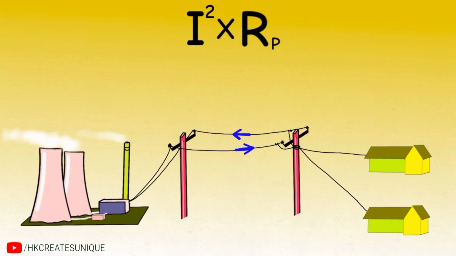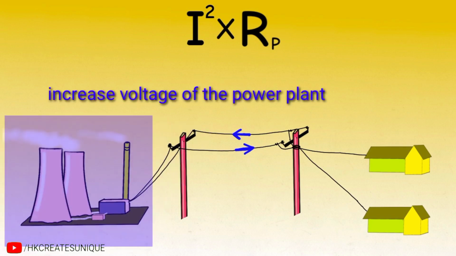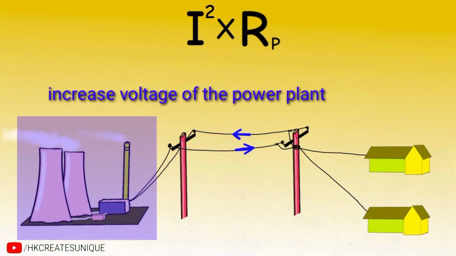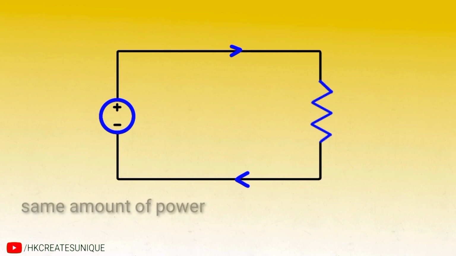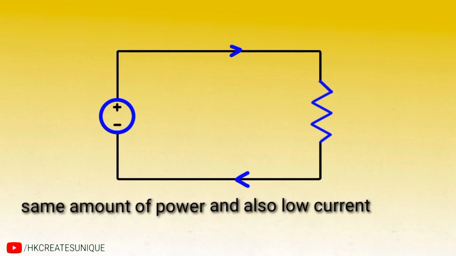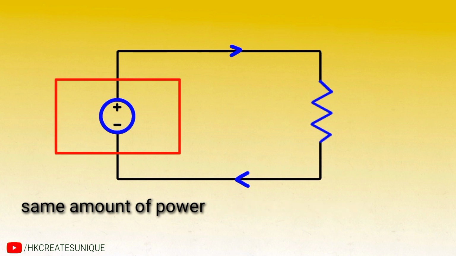One way to reduce current is to increase the voltage of the power plant. For example, in a circuit, if you want to transmit same amount of power and also want to decrease current, you need to increase voltage of the power source.